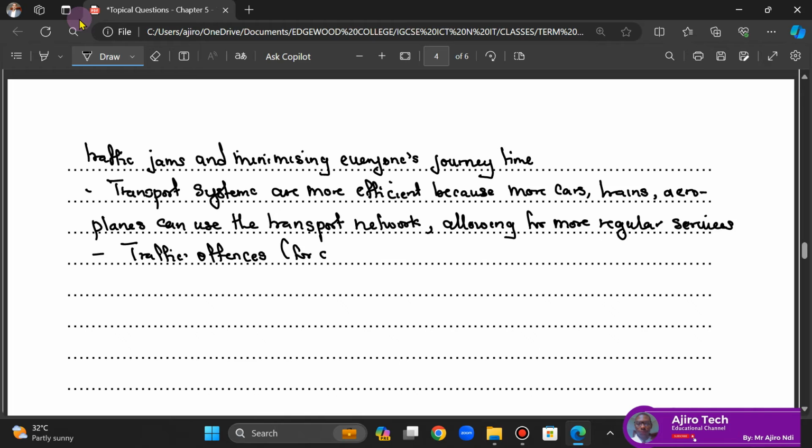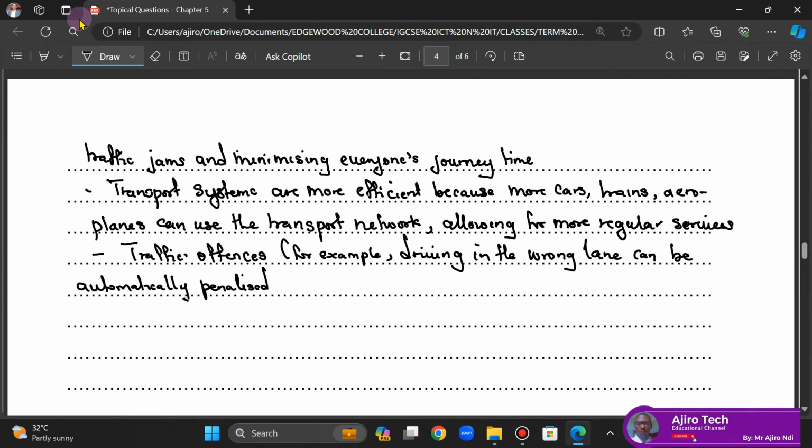For example, driving in the wrong lane can be automatically penalized using the ANPR.